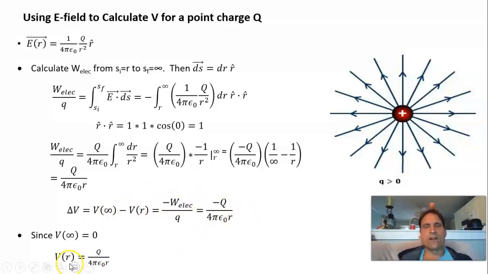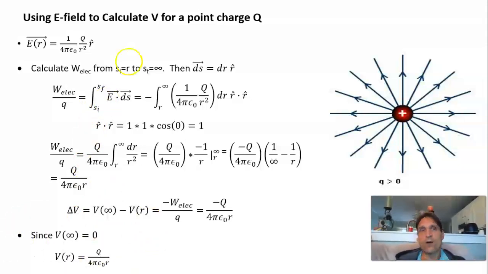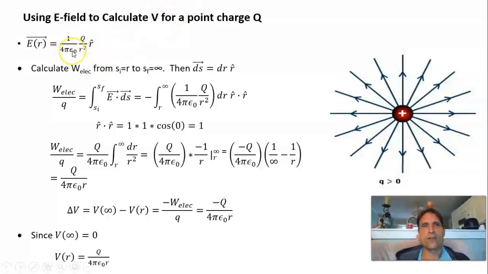And so we have an equation here for the potential due to a point charge, which is Q over 4 pi epsilon naught r. Okay. And we derived this in the previous chapter, but this is just using the electric field to derive it. Okay, so if you ever have a mathematical equation for the field, we can plug that in and we take the area under the curve of E dot ds, and that gives us the potential difference.